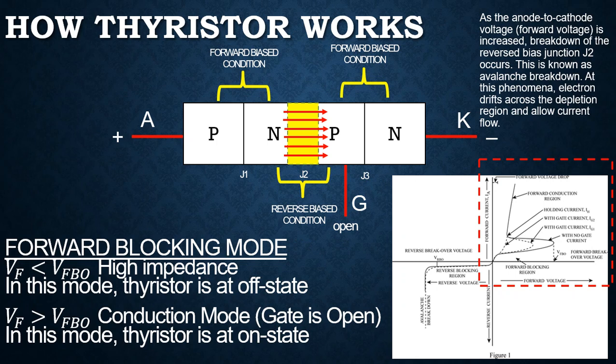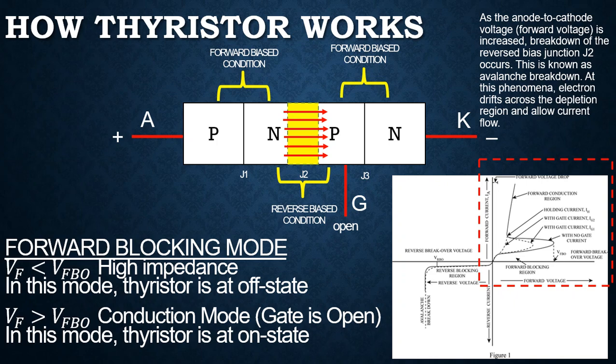Kasi pag dumalaki yung depletion region, mas tumataas yung reverse current. Kaya ang nangyayari, nagkakaroon ng phenomena called avalanche breakdown. At this phenomena, electron drifts across the depletion region and allow current flow.